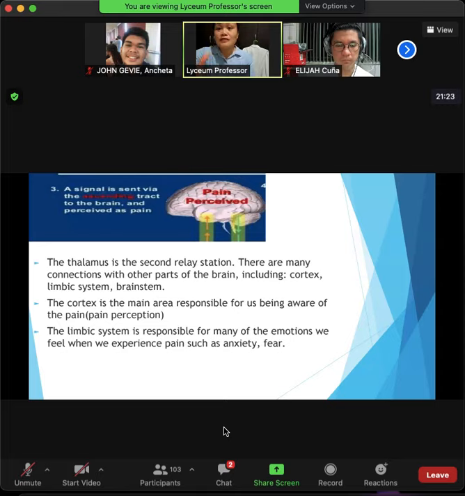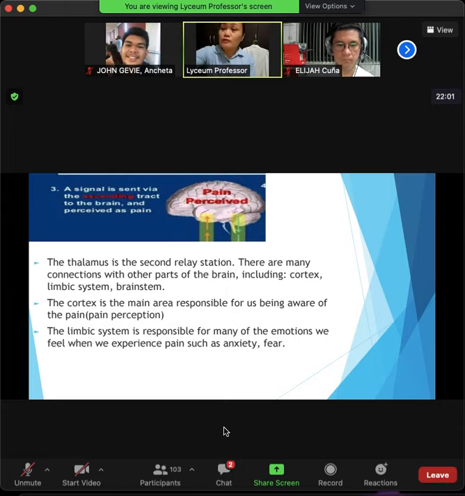The limbic system is responsible for many of the emotions we feel when we experience pain, such as anxiety and fear. So if the person has no strong family support, or very weak yung fighting spirit niya, then the patient may feel more pain as compared to other people.